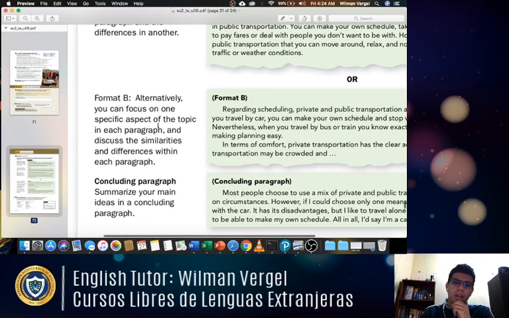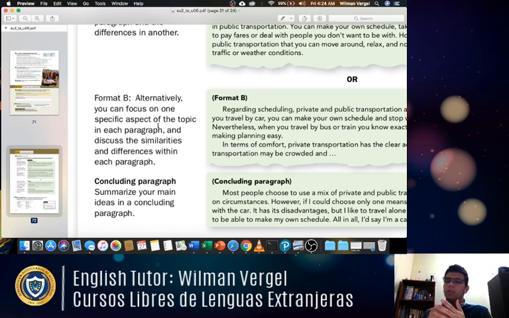In format B, alternatively, you can focus on one specific aspect of the topic in each paragraph and discuss the similarities and differences within each paragraph. So you choose something specific. Let's say you're gonna talk about pollution, and then let's say you're gonna talk about noise.